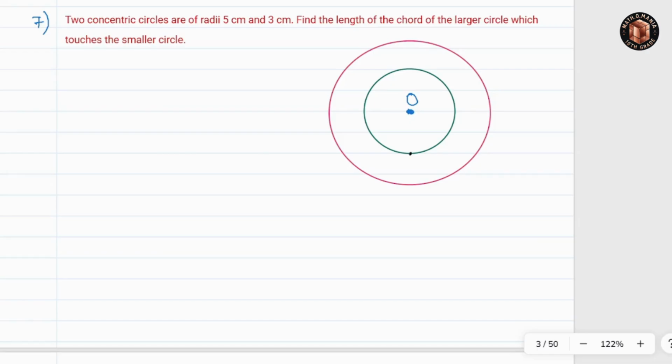Now let's do the question number 7. Two concentric circles are of the radii 5 cm and 3 cm. Find the length of the chord of the larger circle which touches the smaller circle.